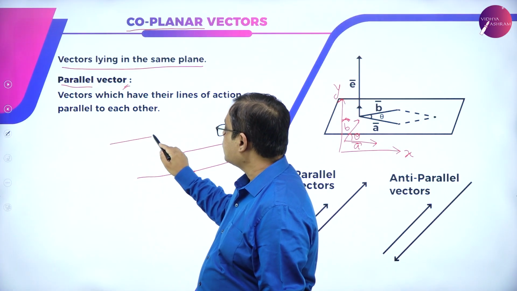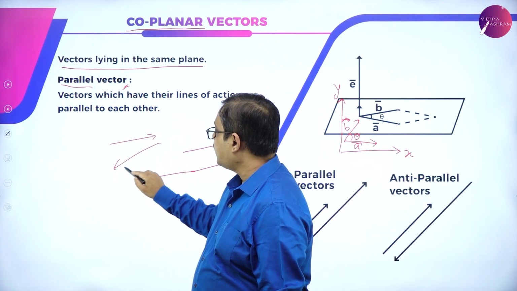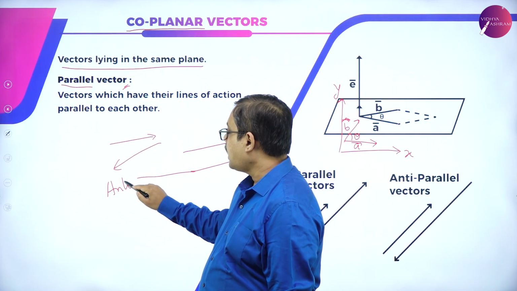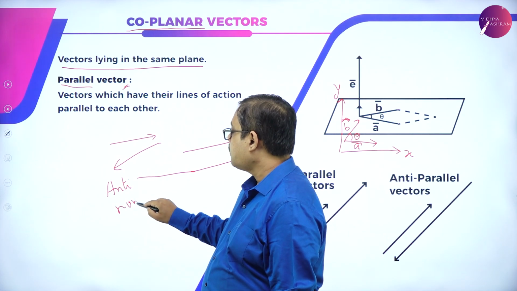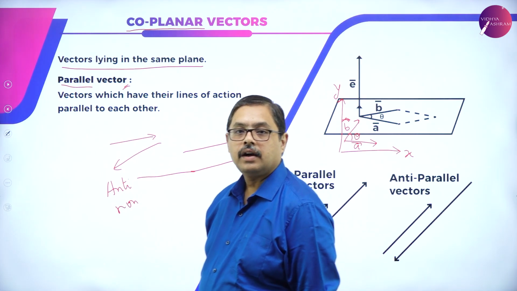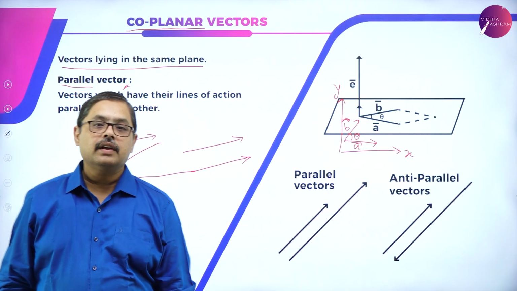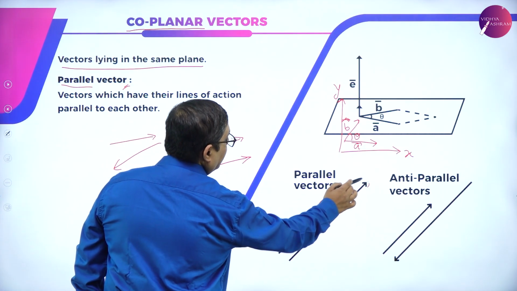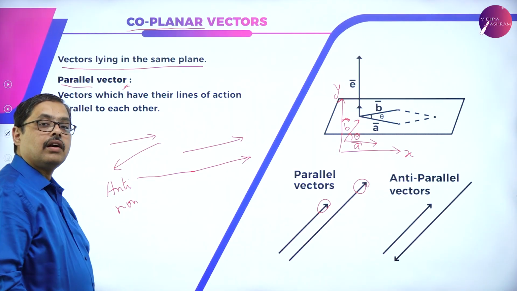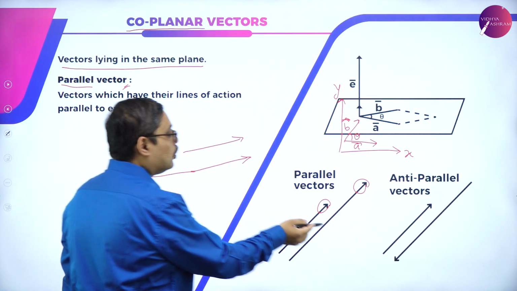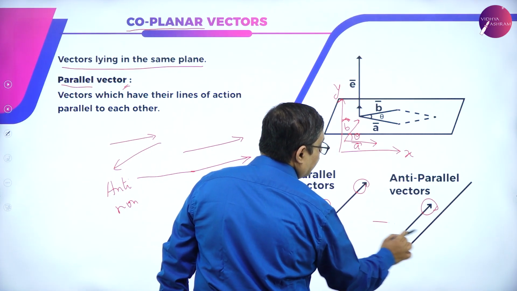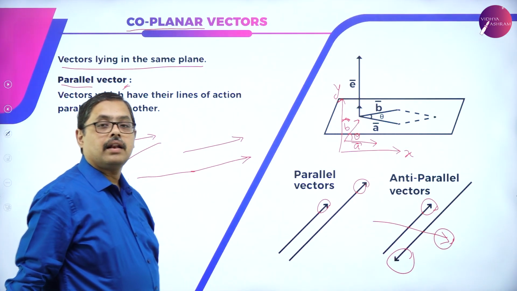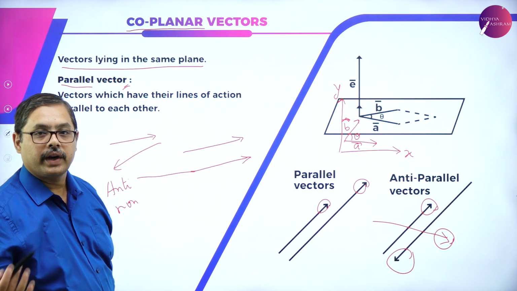If two vectors are acting in different directions, then they are called anti-parallel or non-parallel vectors. Two vectors acting in different directions are called anti-parallel or non-parallel vectors.